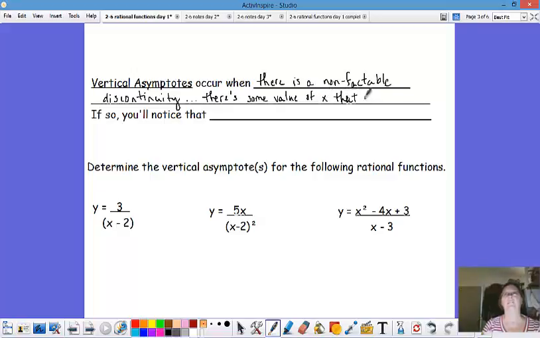Some value of x that makes the denominator equal to 0. And the whole business about non-factorable means it can't be factored away. If that's true, you'll notice that there's a vertical line, or it could be more than one, that the function approaches but can't touch.